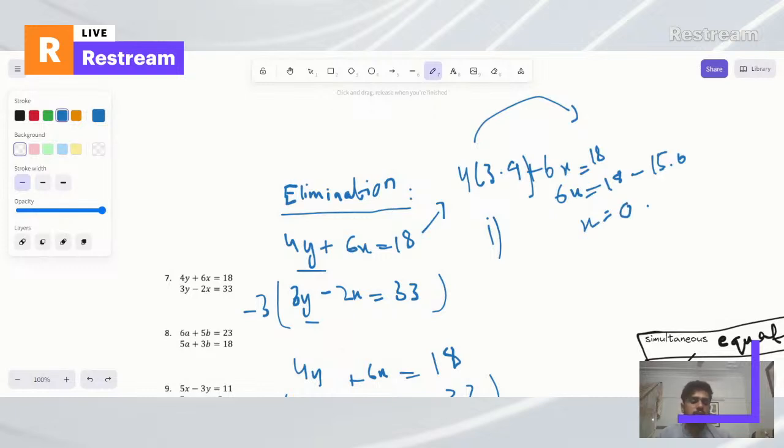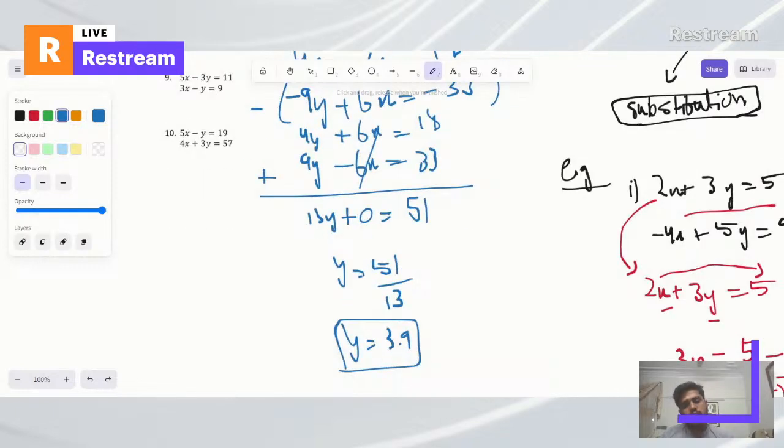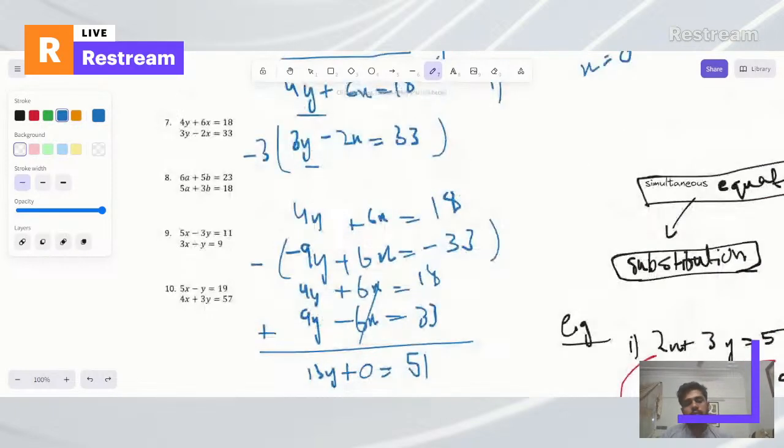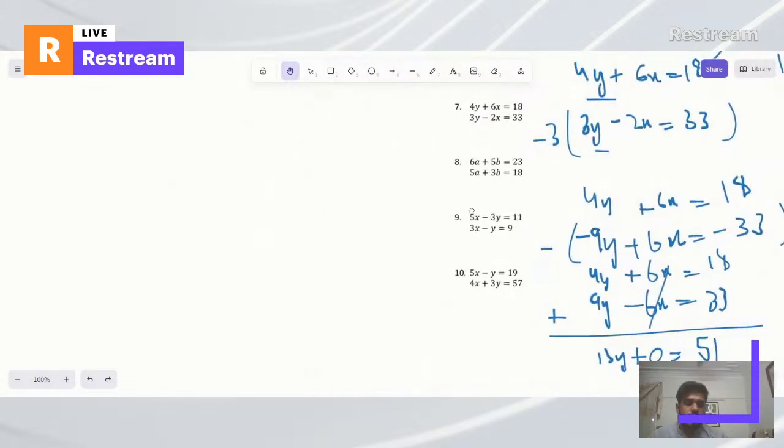So that's the value of x. I hope this is clear to all of you, right?